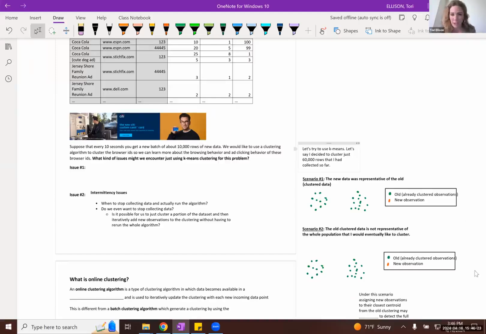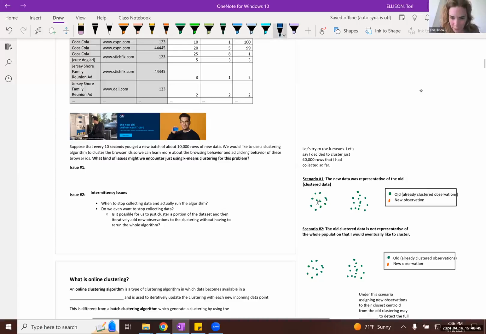For instance, let's say we decided to stop collecting data at 1 million observations, and we said, okay, that's enough. We could take those first 1 million observations, use k-means, and find a particular clustering structure.